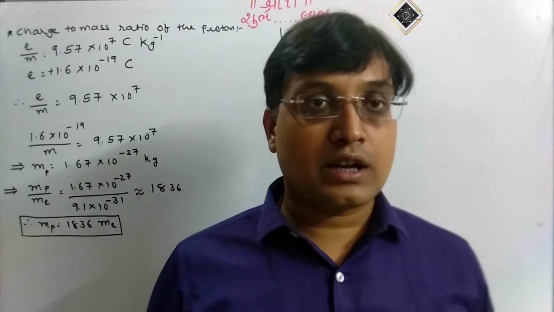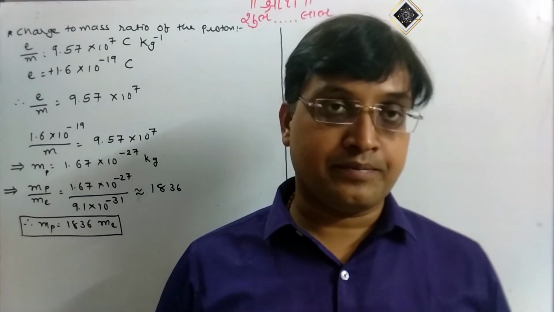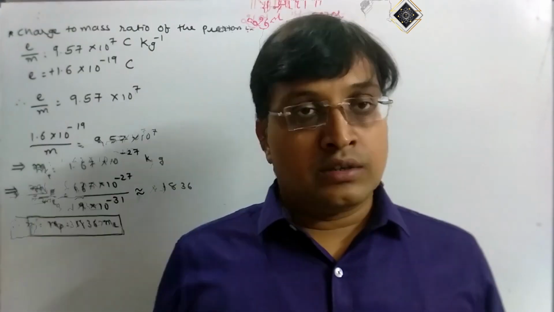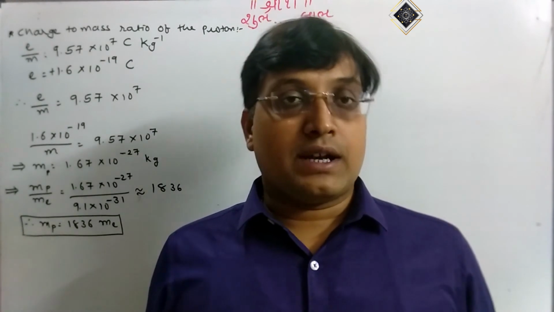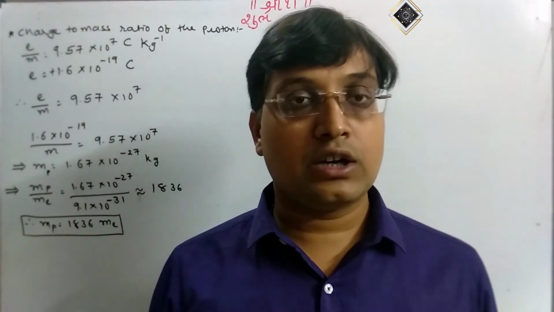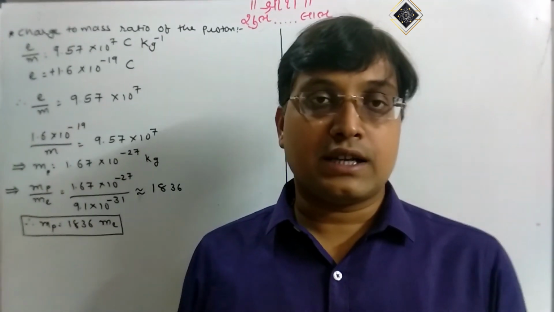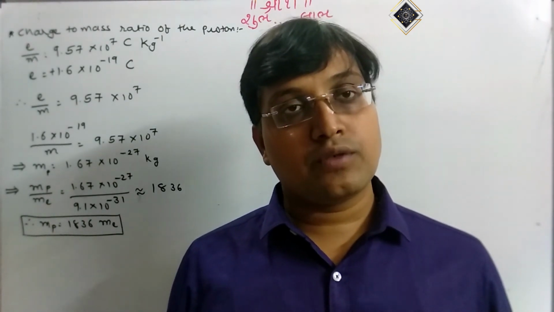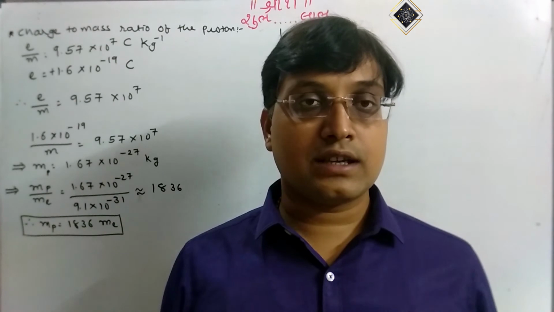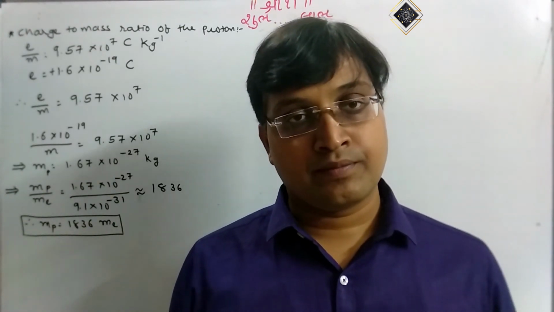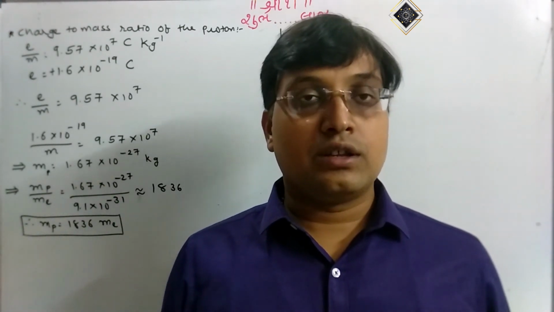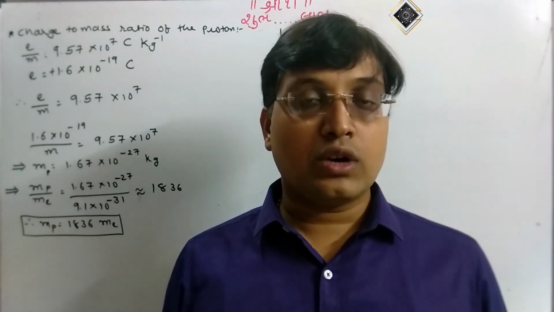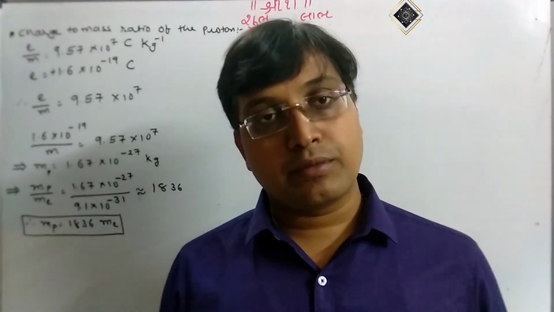When scientists tried to explain the mass of the atom, for the hydrogen atom, the mass of a proton was equal to the mass of a hydrogen atom. When they tried to find out the mass of helium, they found that the mass of helium is actually four times heavier than the mass of hydrogen.